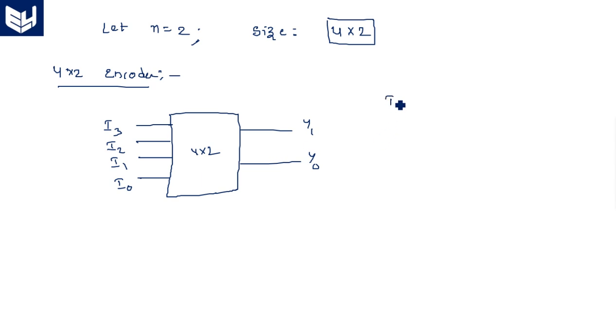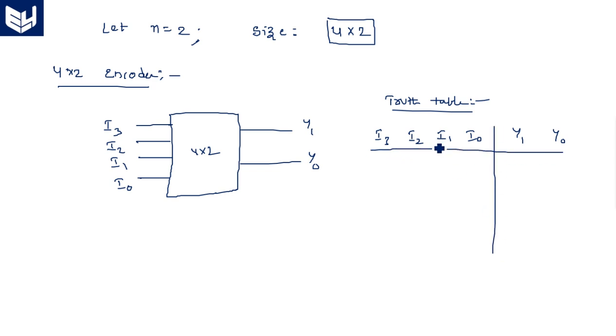Now coming to the truth table. Once you understand whether it is an encoder or decoder, the other is very easy. The inputs are I3, I2, I1, I0. It is always better to write from MSB to LSB, and Y1, Y0, because when you represent a number in binary format, it is better to go from MSB to LSB.